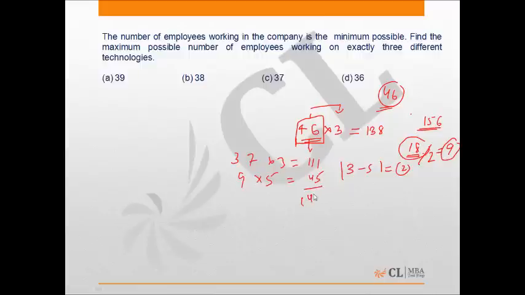So we are getting 156. It means the maximum number of kids who can receive exactly 3 chocolates is 37. So the maximum number of employees who can work on exactly 3 technologies is also 37, which is option C.